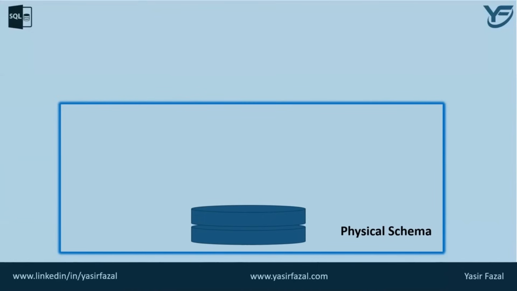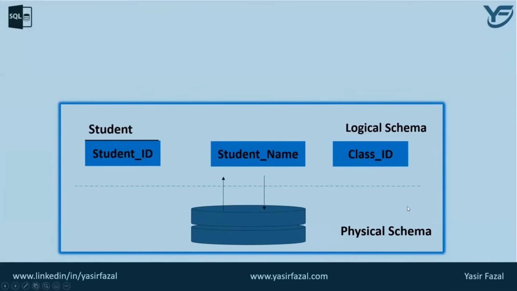Then besides the physical schema, we need to talk about the logical schema. This is the second type of database schema. This schema defines all the logical constraints that need to be applied on the data which is stored.